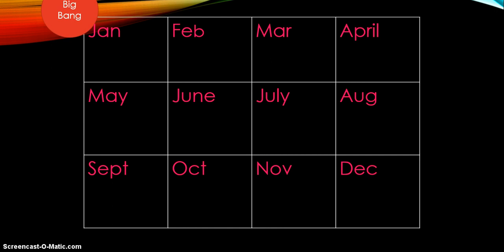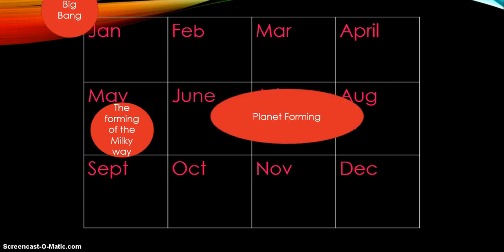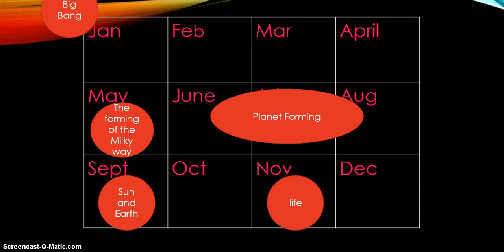So that's where it is right there. The forming of the Milky Way, not till May. Then other planets formed in June, July, August, and it was not till September that the Earth and Sun were formed. In November, life arose. It started out with squid-like creatures.